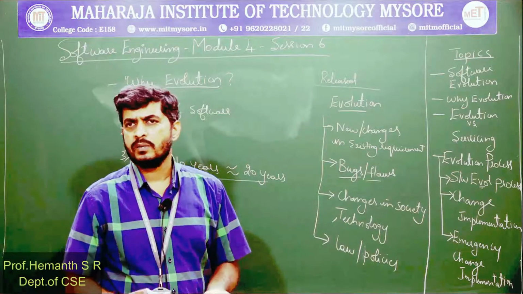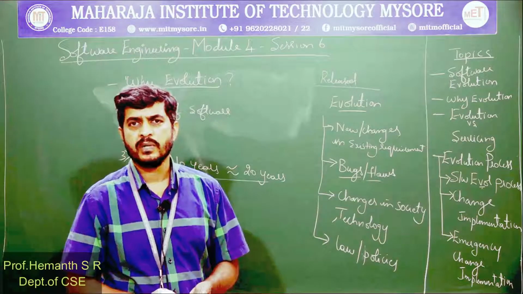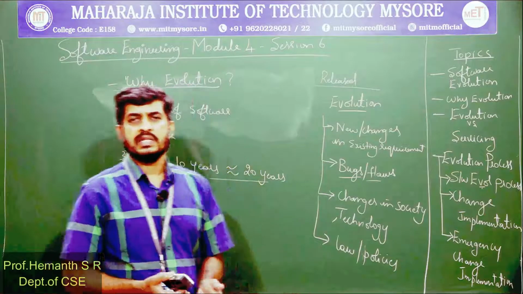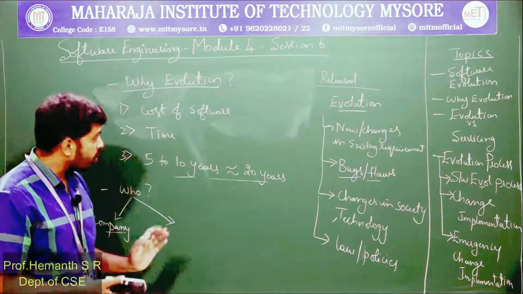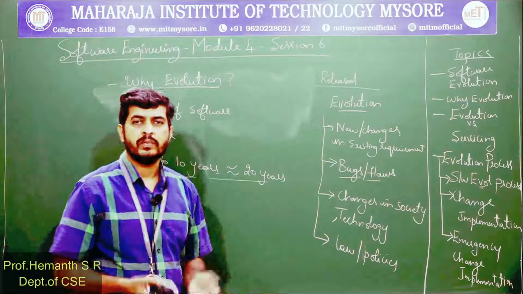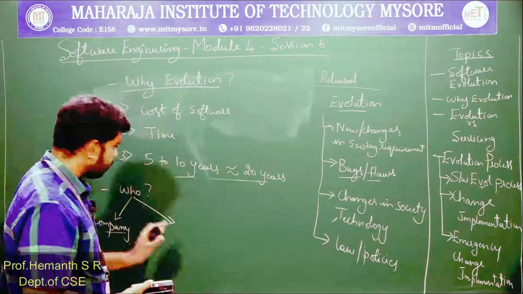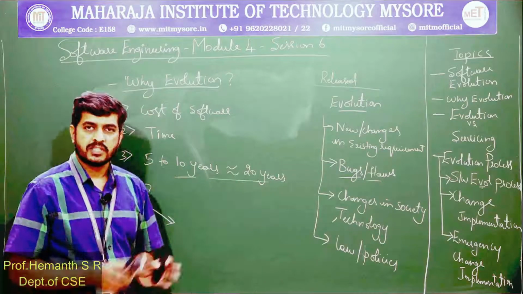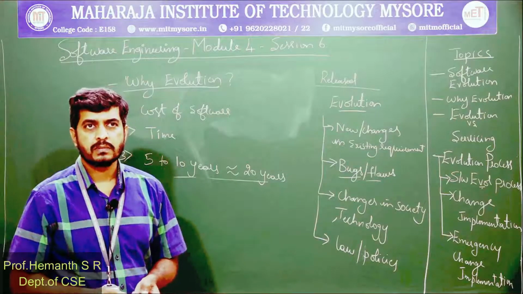There may be some conflicts, clashes between the client and the software company. So this may result in the client choosing an alternate company for evolving the software product. This does not usually happen, but still such a possibility can exist and does exist.